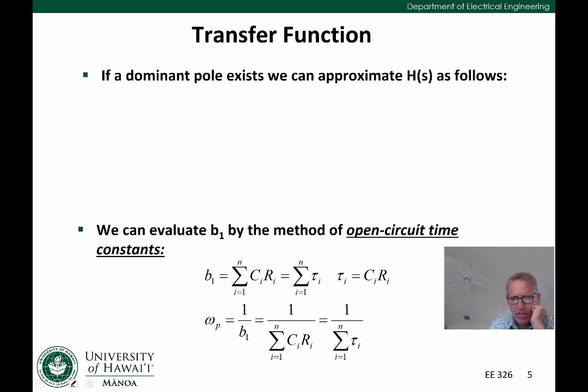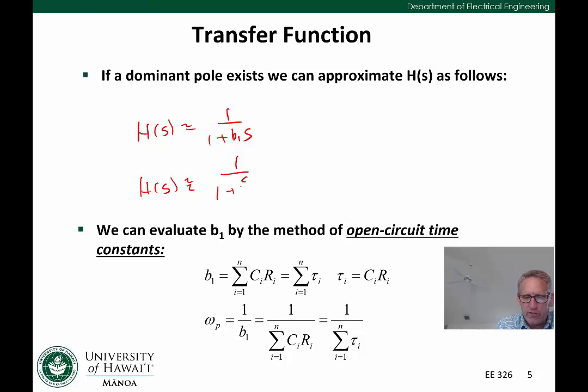Then we can approximate H of s by the following equation. H of s is approximately equal to 1 over 1 plus b1 s. Or in other words, H of s is approximately equal to 1 over 1 plus s over omega p, where omega p is equal to 1 over b1.